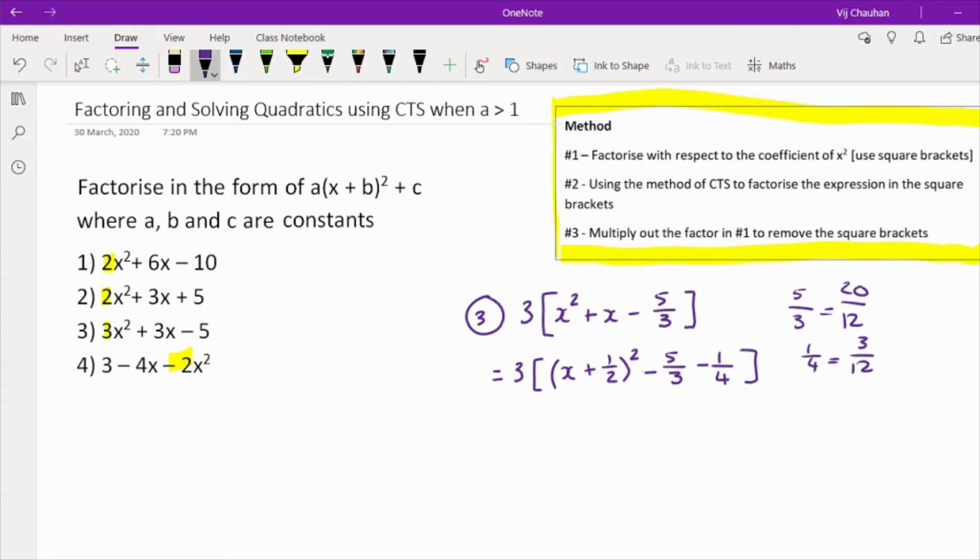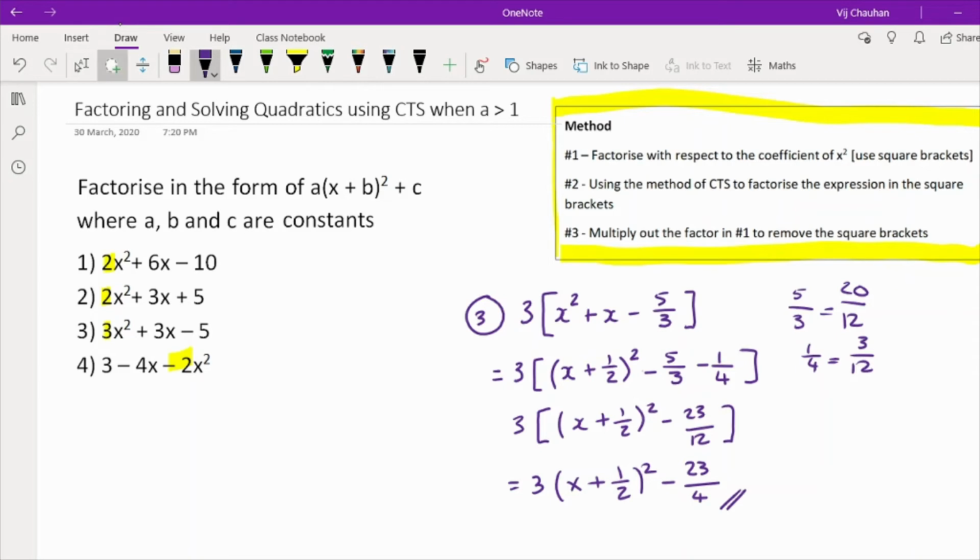So here we're going to have 3 close square bracket, minus 23 over 12, and then expanding it, multiplying out the 3, we get 3 times x plus a half squared minus 23 over 4, and there is our final answer there.